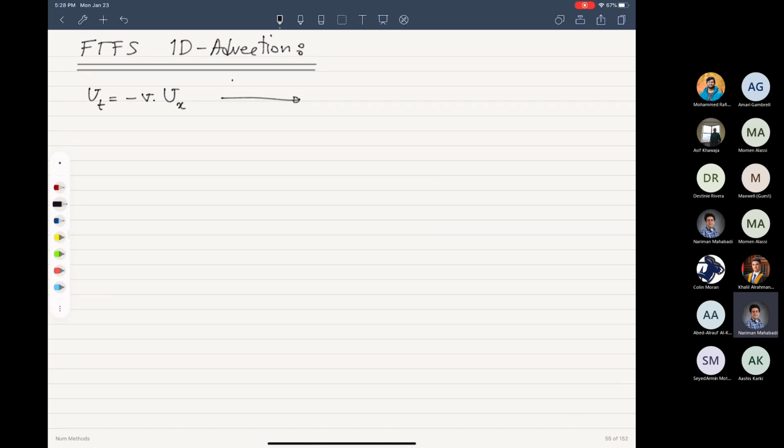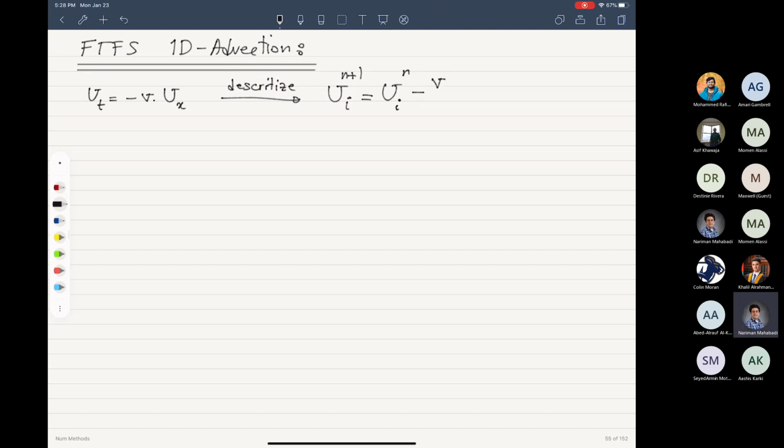So if I discretize this and write everything for Ui n plus 1, which is my unknown function at space i, next time, which is the future, this is going to be equal to my unknown function at the same point at the current time, right?